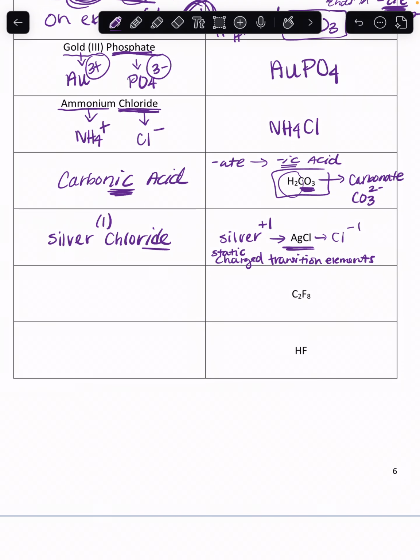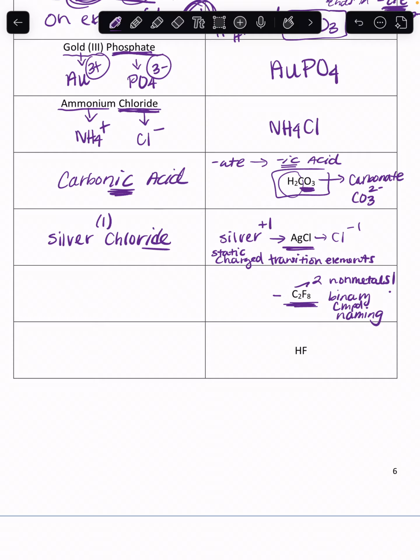Okay. Second to last one, C2F8. Look at these and where they are in the periodic table, because these are 2 nonmetals. We haven't seen one of these in a while. We're going to use our binary compound naming rules. That means these little subscripts represent prefixes.